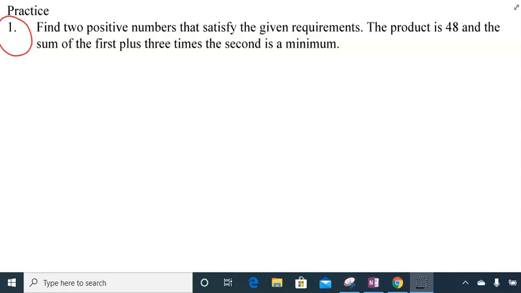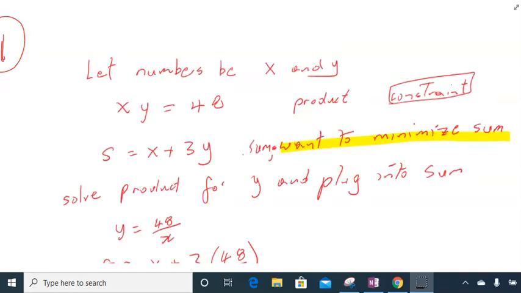Find two positive numbers that satisfy the given requirements. The product is 48, and the sum of the first plus 3 times the second is a minimum. Solution.